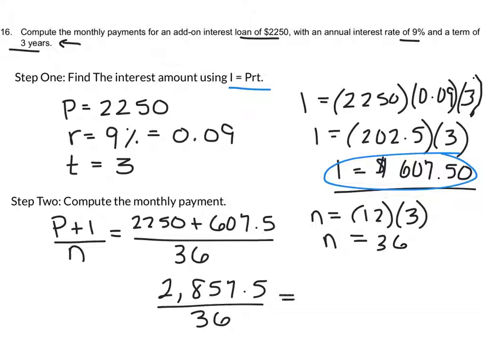And when we do that calculation, we get 79.375. And since we're talking about monetary amounts, we round to 2 decimal places. So our monthly payment and our answer to this problem is $79.38.